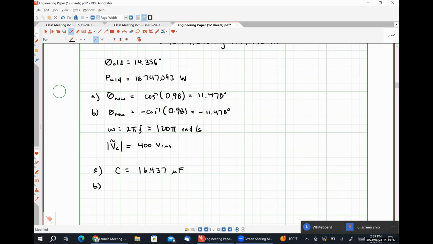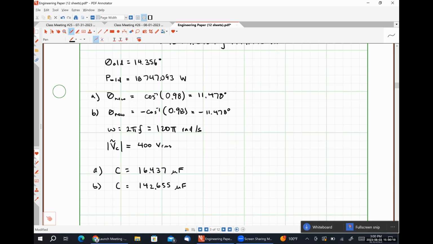For part B, we do the exact same thing, except now that 11.478 is going to have a negative sign in front of it. And we wind up getting C is equal to 142.655 microfarads.